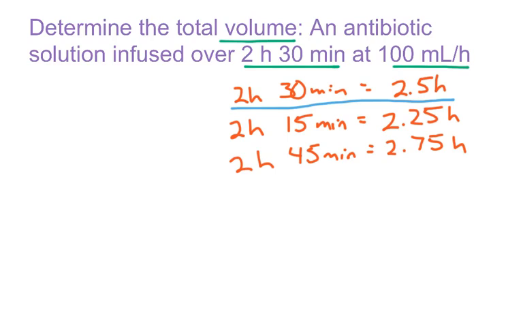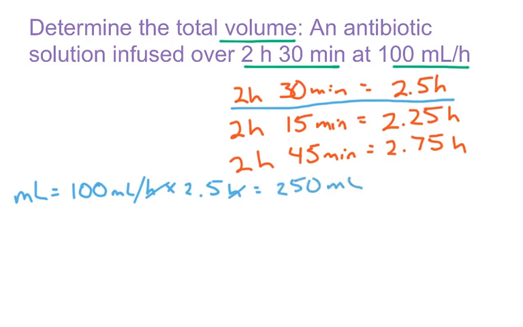So I'm doing milliliters, so milliliters equals the flow rate in milliliters an hour, so 100 milliliters per hour times how many hours? 2.5 hours. And I get 250 milliliters.